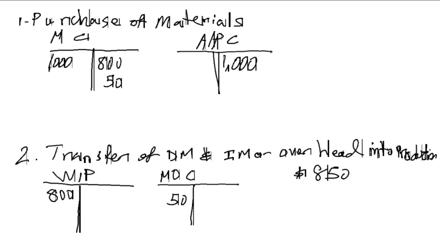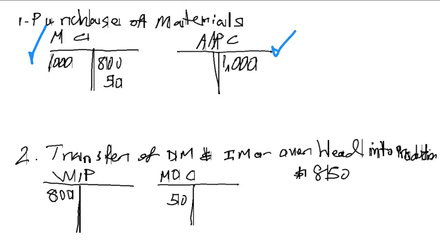So I debited material control 1,000 here, and I credit accounts payable 1,000. So debit material control, I name that account material control, and credit accounts payable.